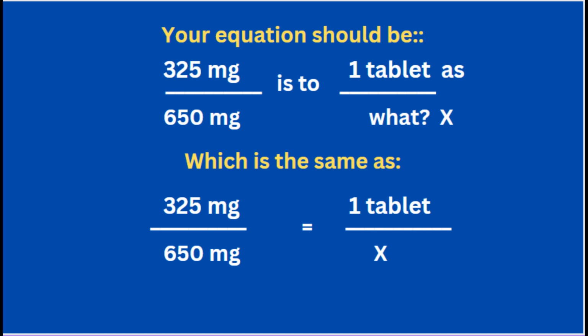So going back to our original question, it says 325 milligrams is to one tablet, as 650 milligrams is to what? Now, substituting in those symbols, we have 325 milligrams equals one tablet divided by 650 milligrams equals X. So now we have something we can work with.